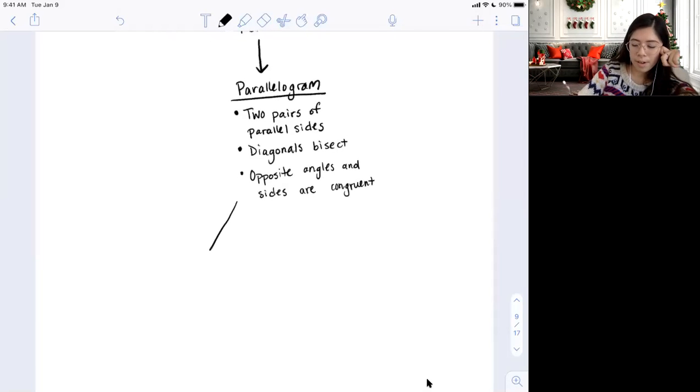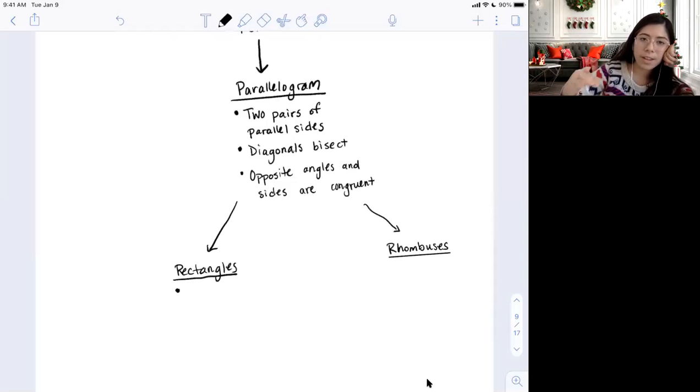Then within that, we've got rectangles. And we've got rhombuses. What's specific about a rectangle? So rectangles already have everything that came above from parallelogram, but what else must it have?